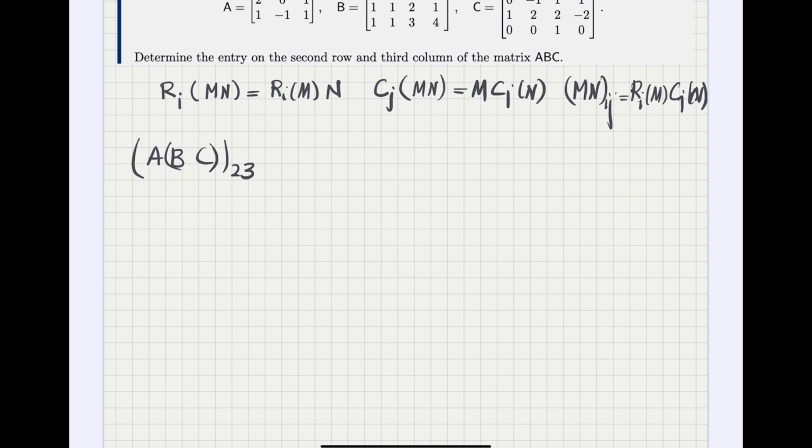It doesn't matter. Okay, now this is one matrix, this is the second matrix. I am interested in this entry. So according to this rule, I will take the second row of the matrix on the left and multiply it by the third column of the matrix on the right.